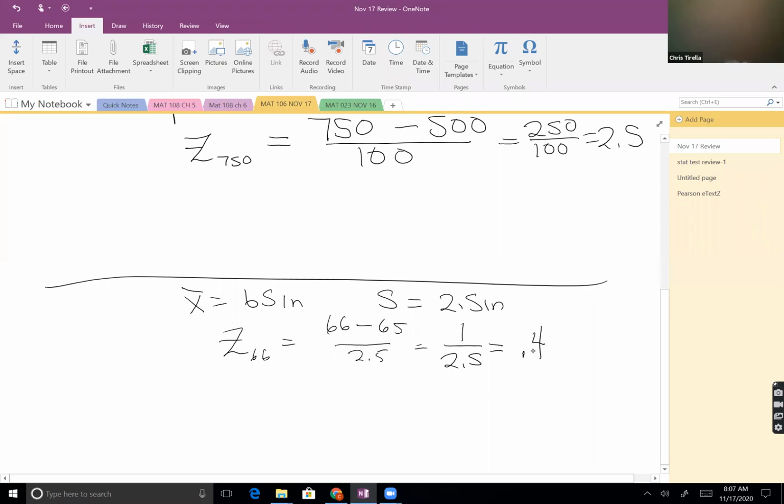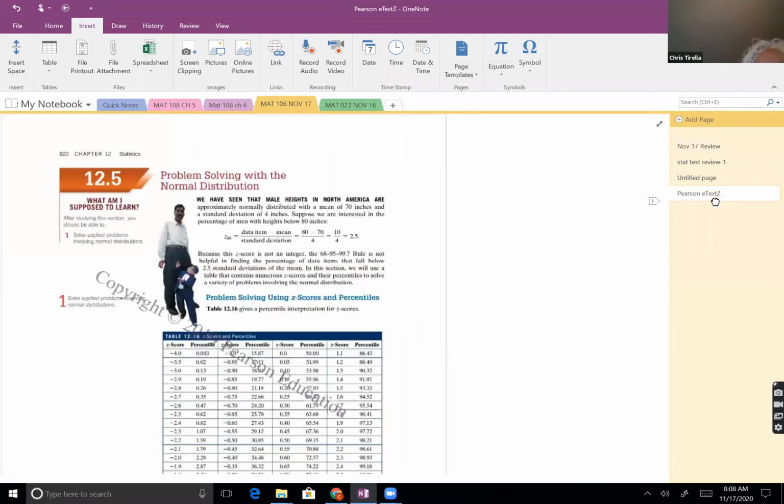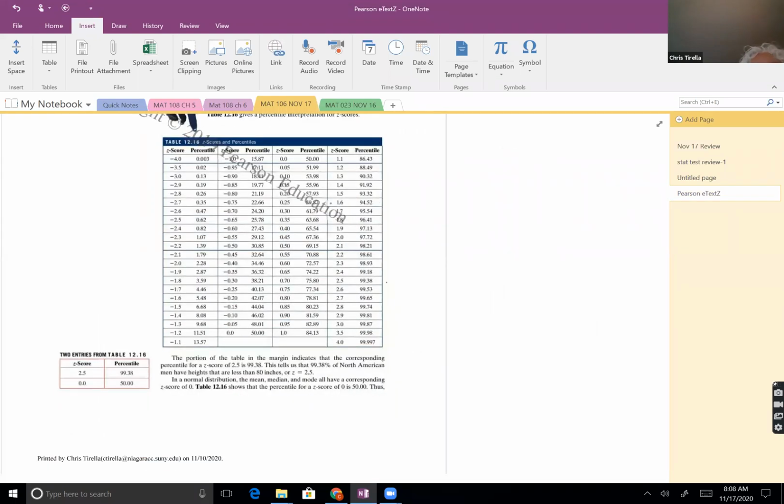Can you check my division? Yeah, hang on, let me grab my phone. I got it, 0.4. And so then if you want the percent at or below, that's when you have to go and look at the table. So for my example, I'll do that one first.